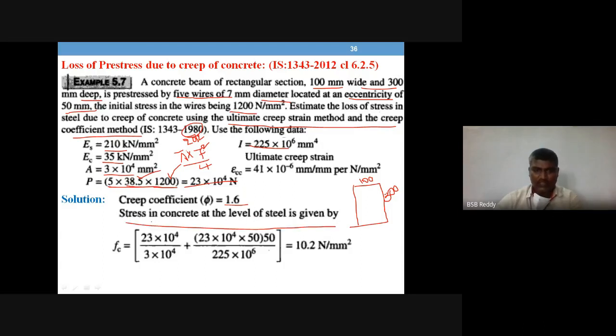First, you have to find the stress in concrete at the level of steel. That means P by A plus P into e into y by I. The second term, P e y by I, is like M by I into y. So that will be 10.2 Newton per mm square.